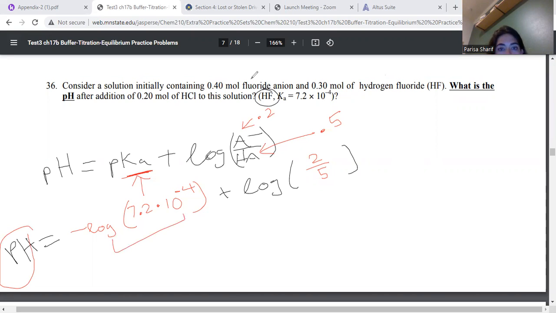And that's kind of how buffers work. So the pKa is similar to pH. It's a measure of acidity.